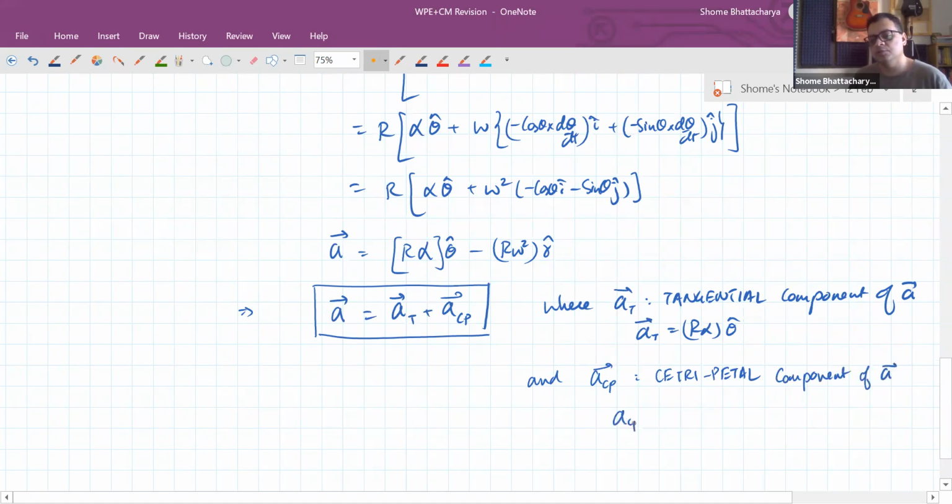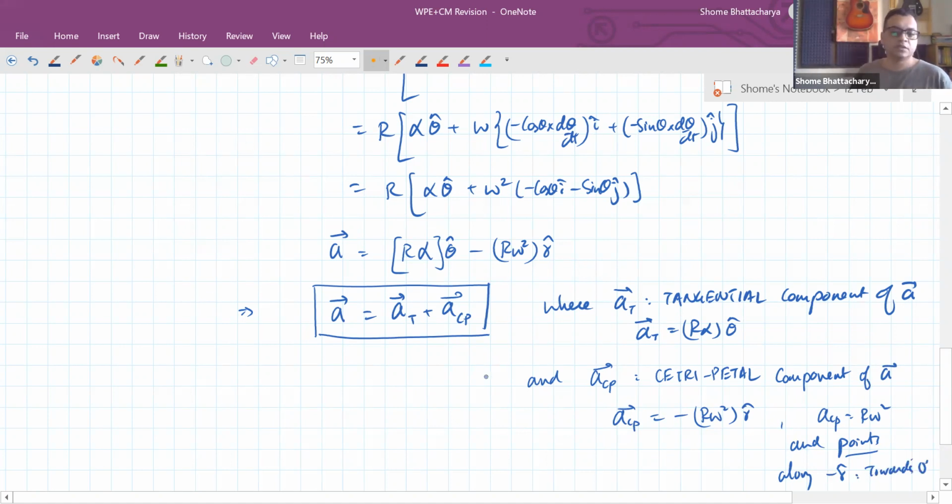So the centripetal component is given by the relation minus r omega square r cap. So it has a magnitude of r omega square and points along minus r cap. Okay. So that is towards the center. So that is the meaning of this centripetal acceleration concept.